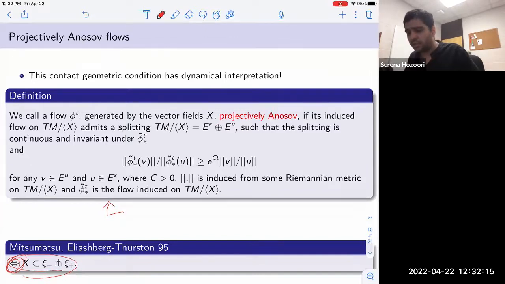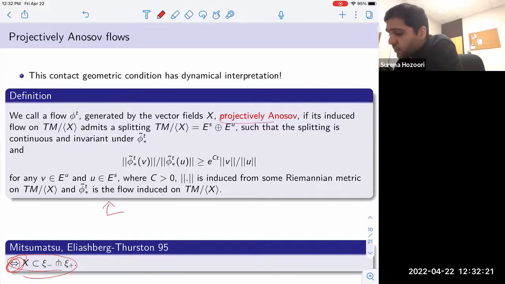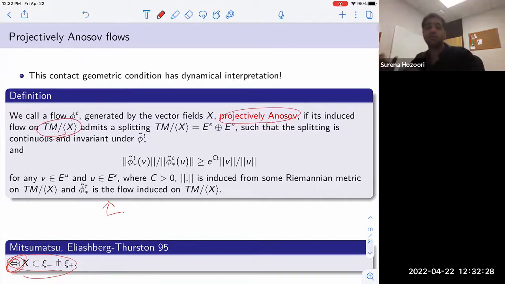So let's take a look at this. We call a flow phi generated by this vector field X projectively Anosov if its induced flow on this normal bundle, so the flow would induce some sort of action on the normal bundle of the direction of the flow.